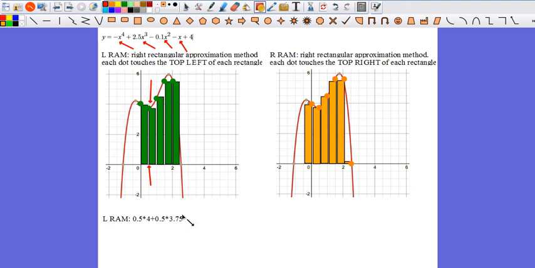When there's an equation available, this is the key point: plug in the x value, in this case 0.5, to find the height of the rectangle, which is around 3.75.